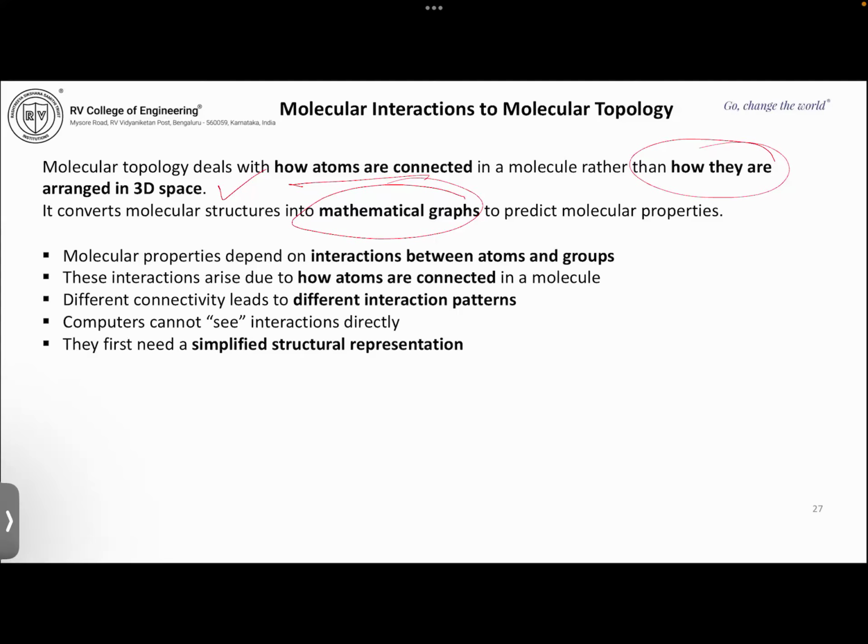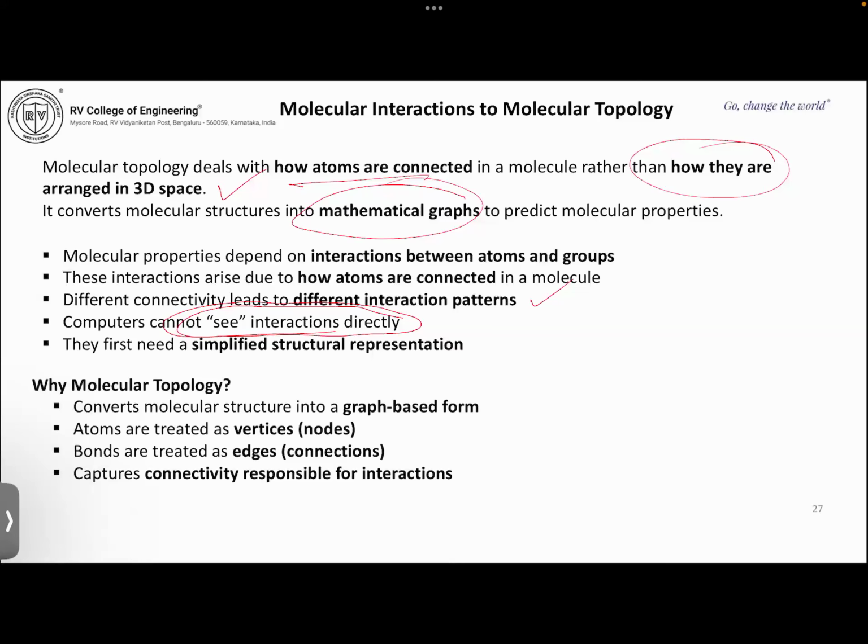And we know that different connectivity leads to different interaction patterns. Computers cannot see these interactions directly. They first need a simplified structured representation. Therefore, we use molecular topology to represent those interactions in structural, mathematical forms.